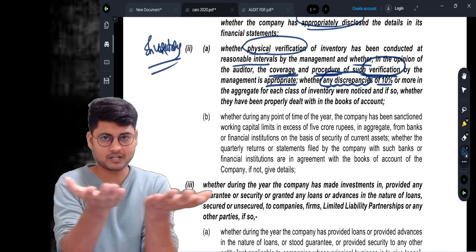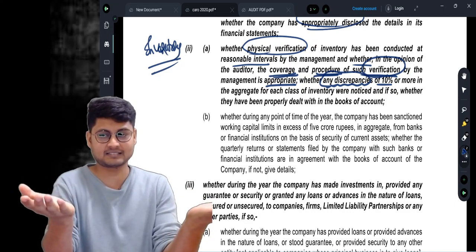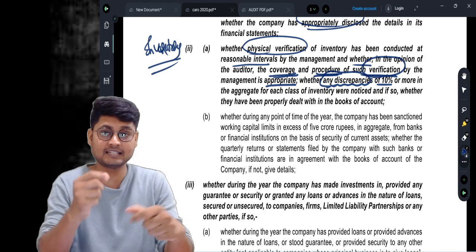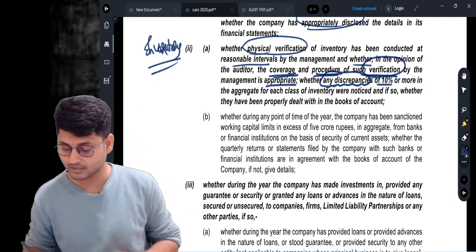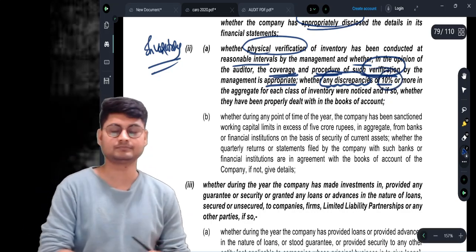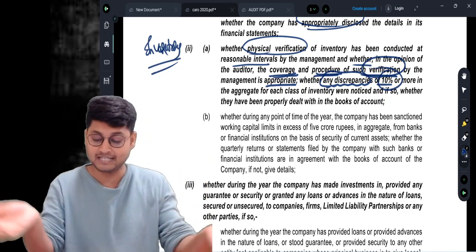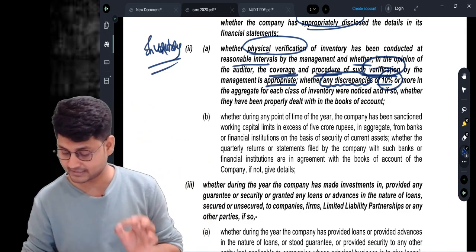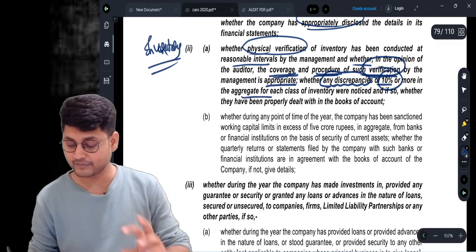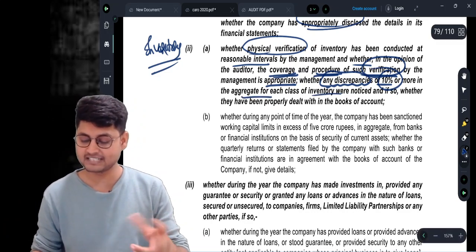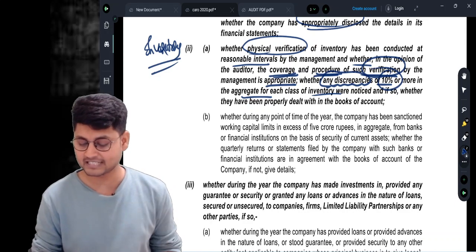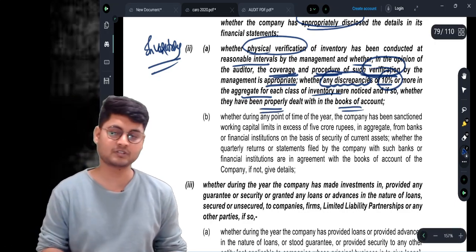If it is not matching, if there are any discrepancies, and if that discrepancy is 10% or more in aggregate for each class of inventory, and if so, whether they have been properly dealt with in the books of accounts or not.